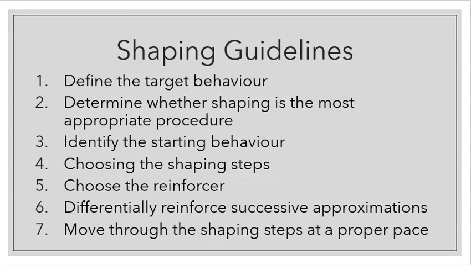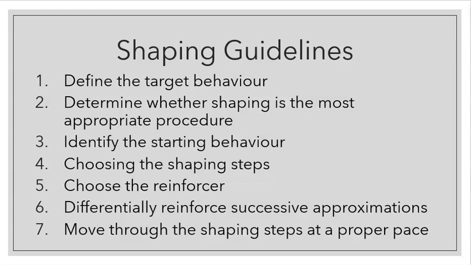So when shaping behaviors, some important guidelines start with, first you have to define your target behavior. So before you even start, you need to know exactly what behavior you want to occur at the end. Then you need to determine whether shaping is even what you need to do. Is it the appropriate procedure? Or is the behavior you want to shape actually a behavior that the person or animal already has?